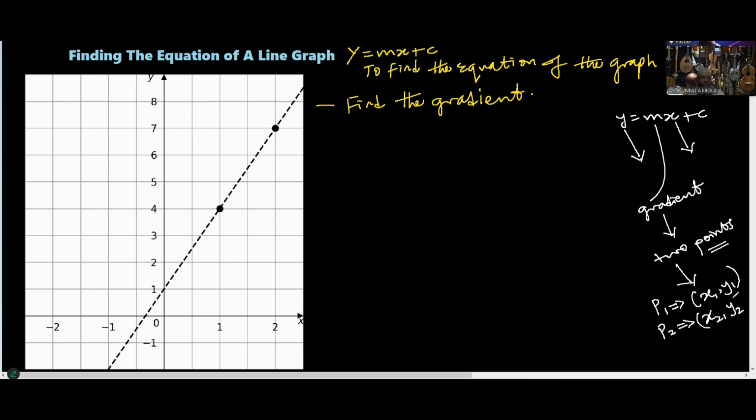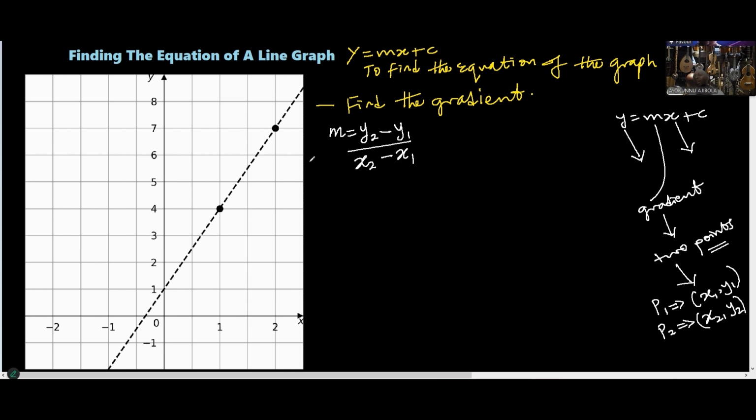So once you've been able to locate those 2 points and you know the coordinates of p1, p2, or x1, y1, x2, y2, what you have to do next is to say gradient m. M is the gradient now. So m equal to y2 minus y1 over x2 minus x1.